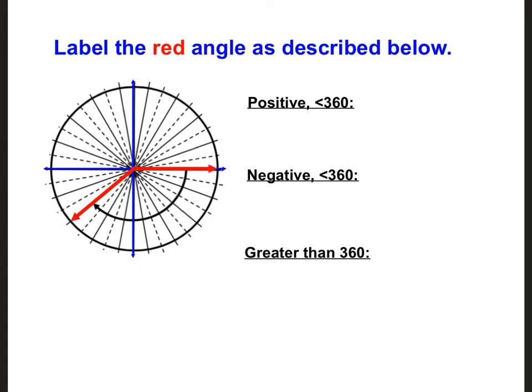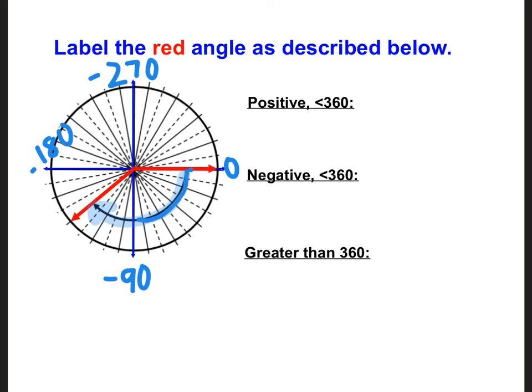It says label the red angle as described below. Notice that in my picture, my angle, it's going backwards. So we already have it ready to figure out what the negative angle is going to be. I'm going to go ahead and label it with the negative numbers. So we're going to have 0, negative 90, negative 180, and negative 270 at the top.